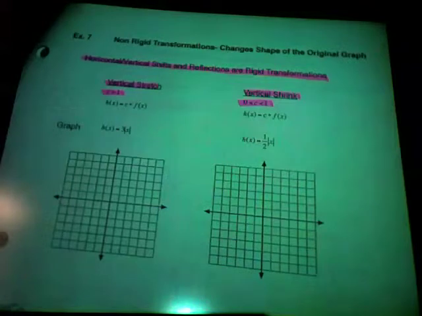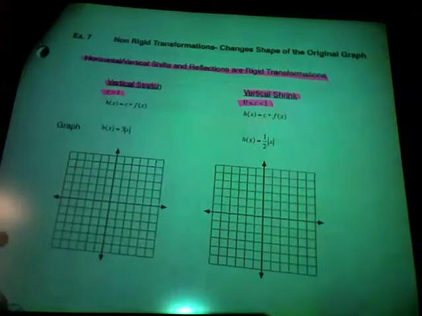So for both of these examples, we've used an absolute value function, only because it's got straight sides. It still works for the parabola or for the cubic. For those, I would definitely be putting values into a table, a T-chart, and then guess and check. And we're still going to do that with this as well.